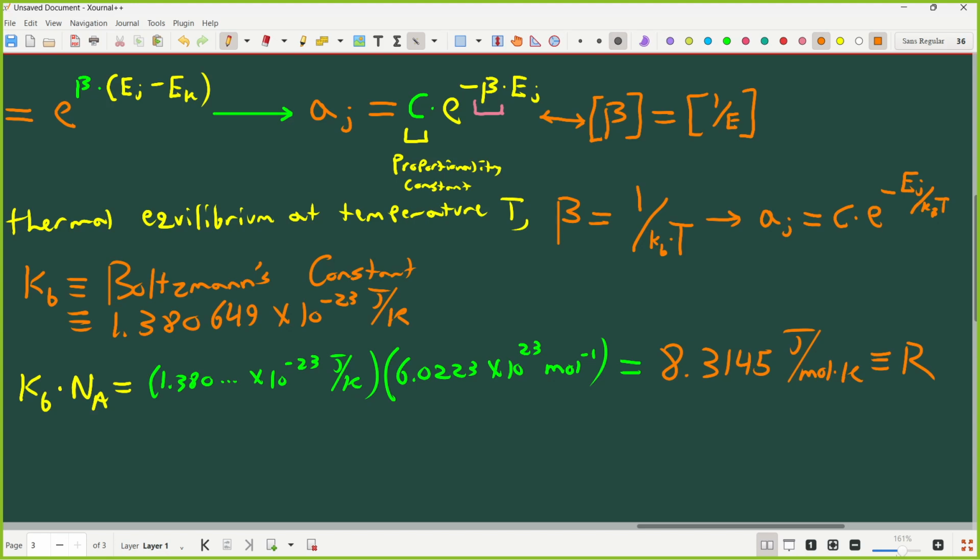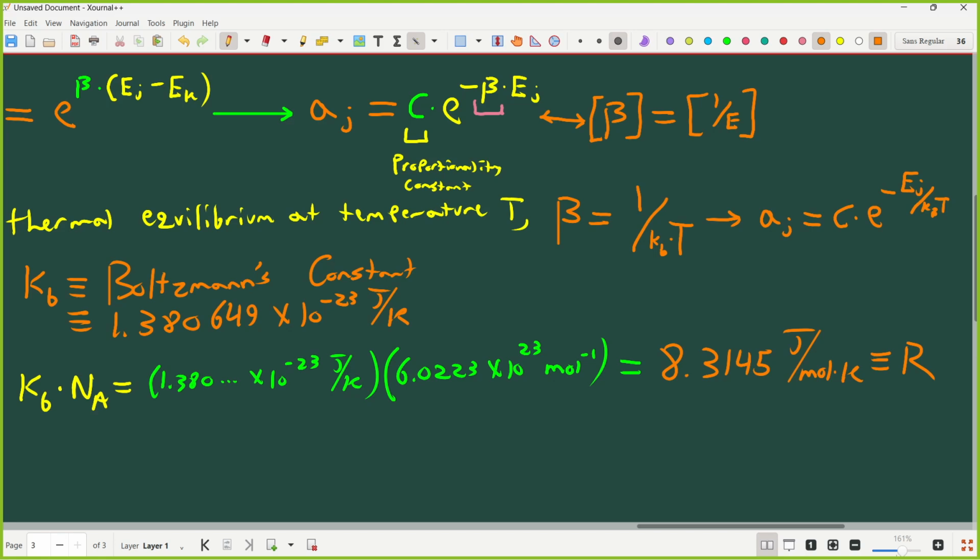So what we're going to see in just a minute is that this is representative of the amount of energy, thermal energy or entropy, if you will, that's provided to the system when you equilibrate it at a given temperature. Every time you kick the temperature up by 1 Kelvin and re-equilibrate the system to that temperature, the system gets an additional 8.3145 joules of energy from that thermal energy.